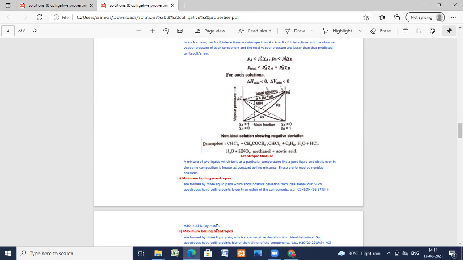Generally, non-ideal solutions with negative deviations are called maximum boiling azeotropes.